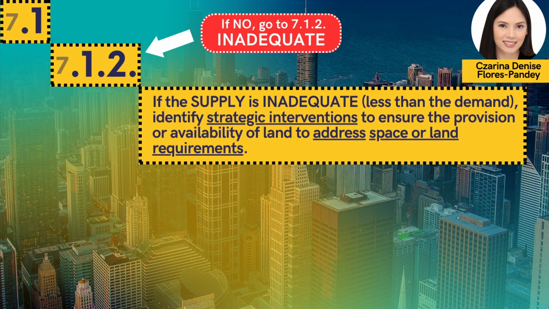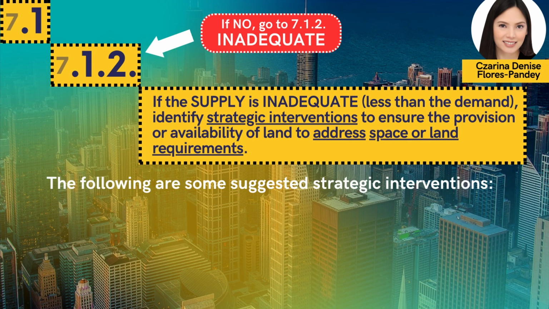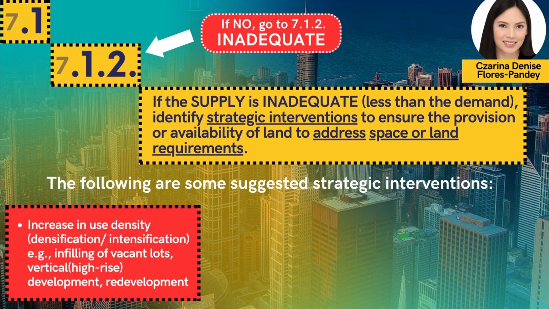If no, they are not matched and the land is inadequate, go to 7.1.2. If the supply is inadequate, less than the demand, identify strategic interventions to ensure the provision or availability of land to address space or land requirements. The following are some suggested strategic interventions: increase in use density, or densification or intensification, that is, infilling of vacant lots, vertical or high rise development, or redevelopment.